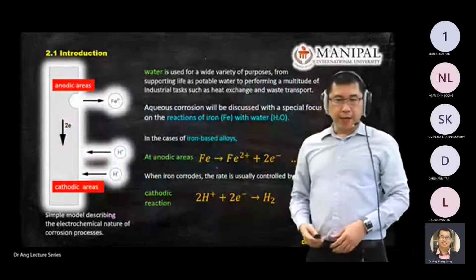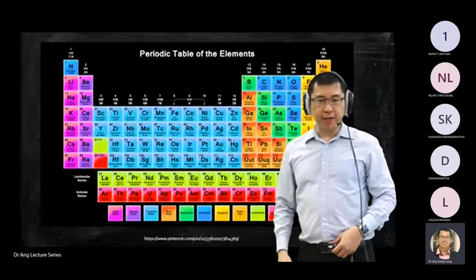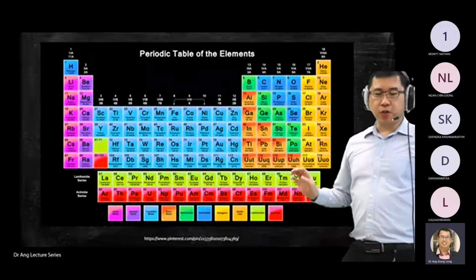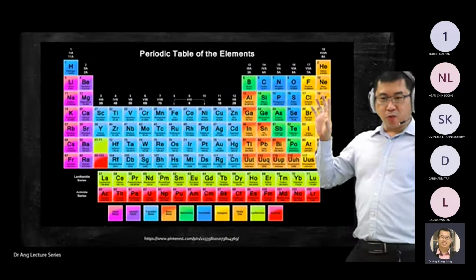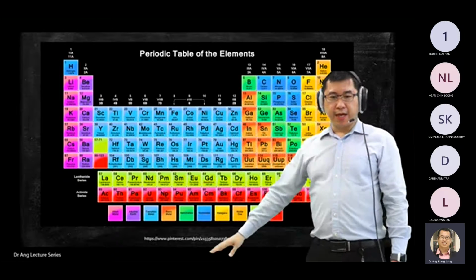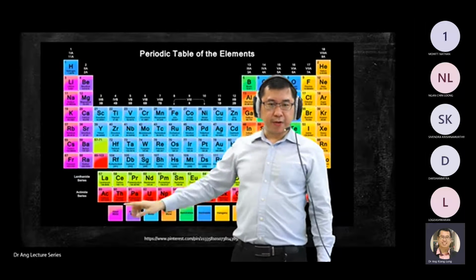All right. Now, just to refresh, what is the periodic table? We're not going to go deep into this one, it's just to recap what you have seen before. This is the periodic table, and on the left-hand side you see how you read it.